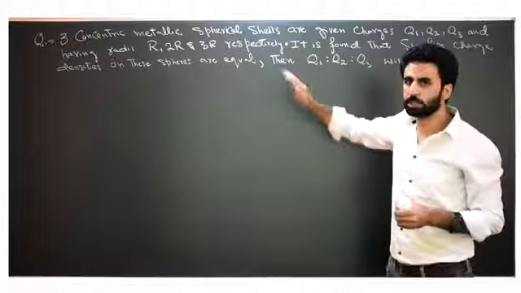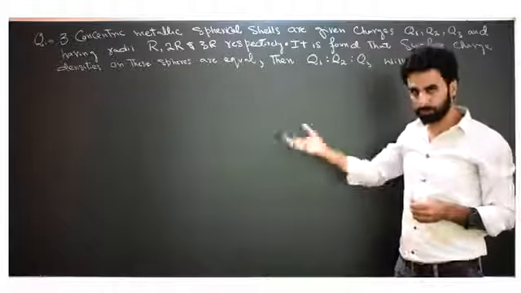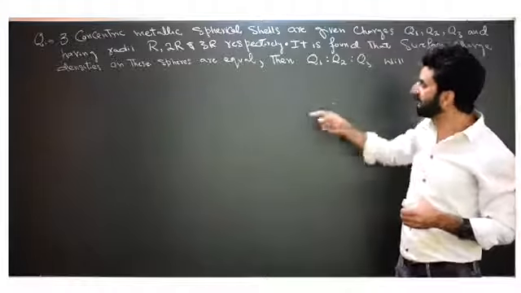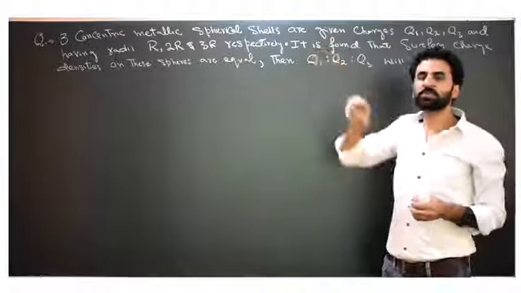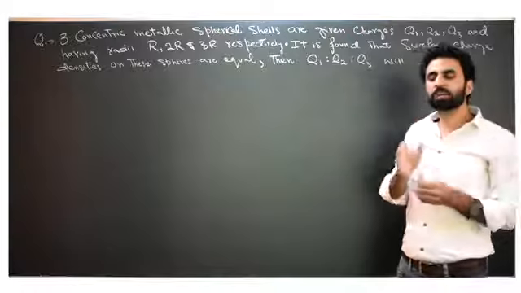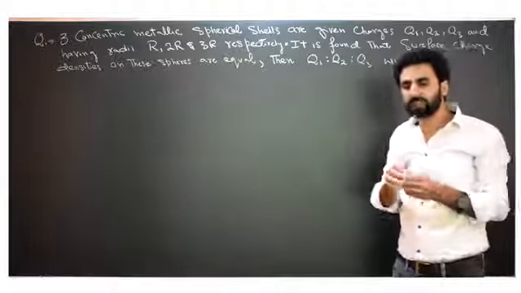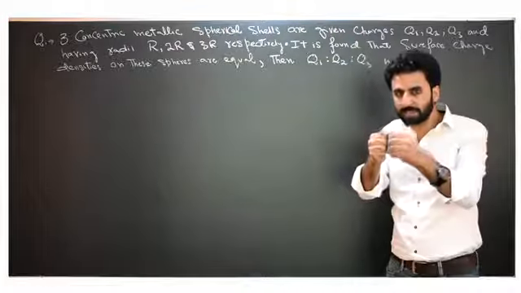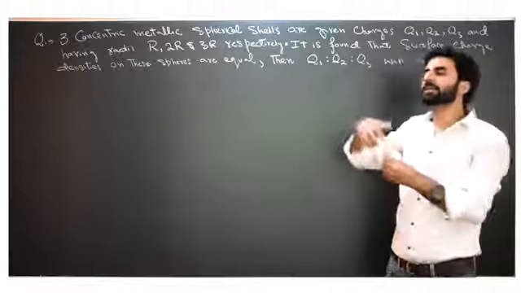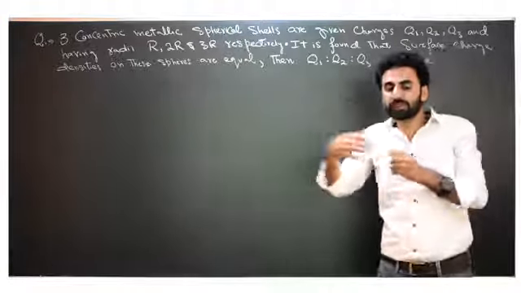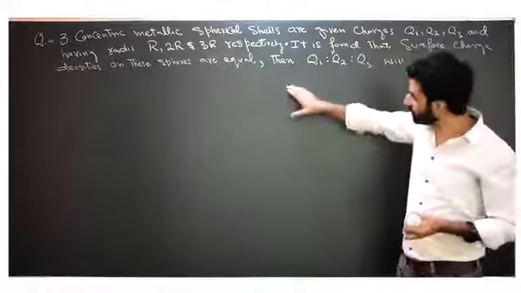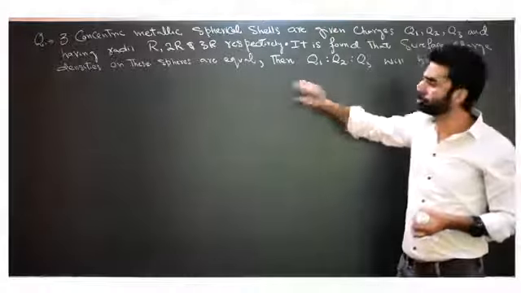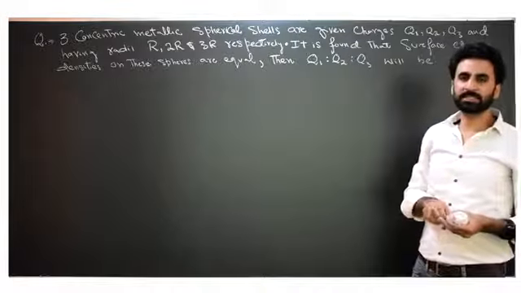Apart from that, we should also have the concept of charge by induction. We know charge gets transferred by conduction, where there is physical contact between two bodies, but charge also gets transferred from one body to another by virtue of induction. So that will also be incorporated in analyzing this problem.